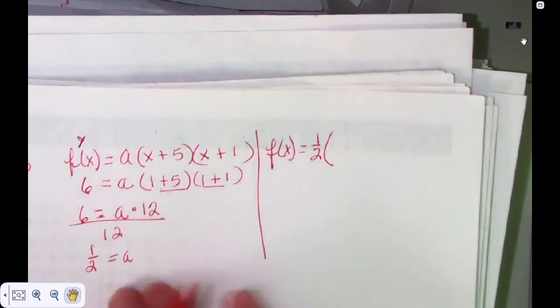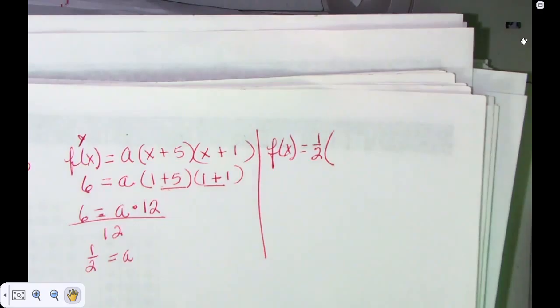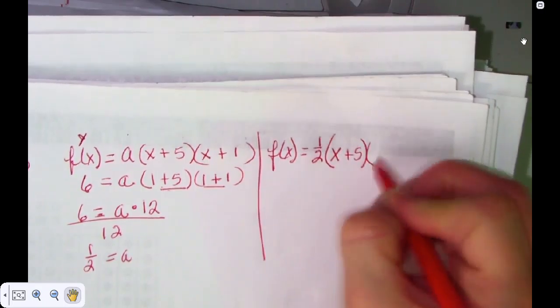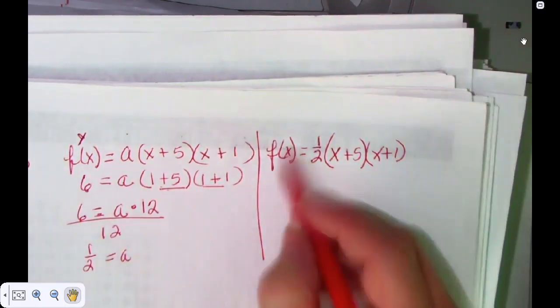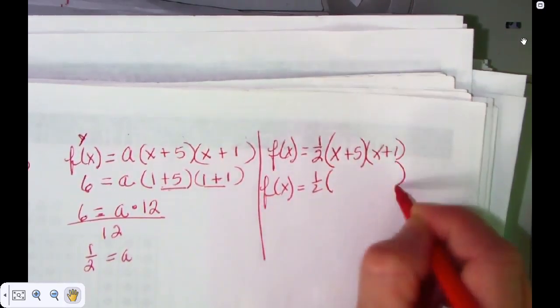See, we did all that to find what our a was, our coefficient. And we used a coordinate that was on the parabola already. All three of those points we used are on the parabola. Now we're going to write the equation. So we're going to put x plus 5, x plus 1. We're going to use the full.